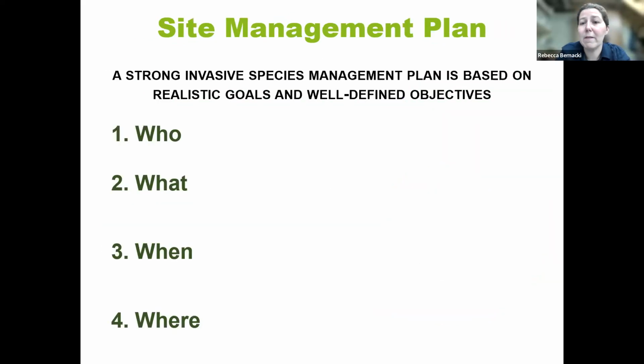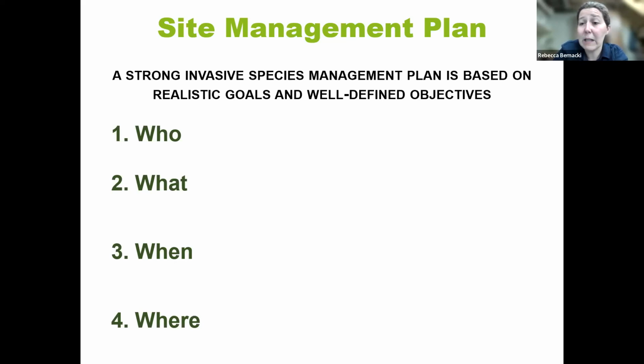We also want to have a site management plan. So any strong invasive species management plan is based on realistic goals and well-defined outcomes. So the first thing we want to do is be realistic. A lot of these invasive species have seeds that will persist in the seed bank for a while. Because of that, just because of the characteristics of a lot of these species, invasive species management is never going to be one and done.